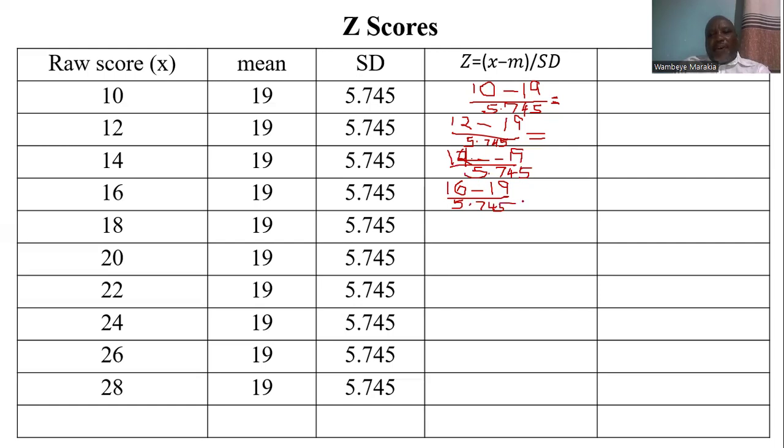With your calculator, I hope you are getting the values here. Then in this row, we have 18 minus 19, 19 being our mean, all over 5.745.